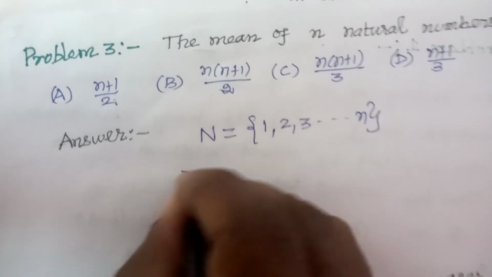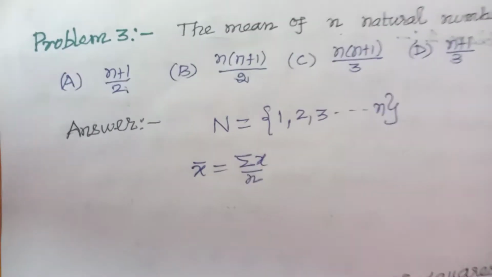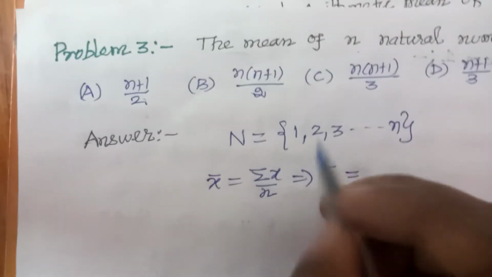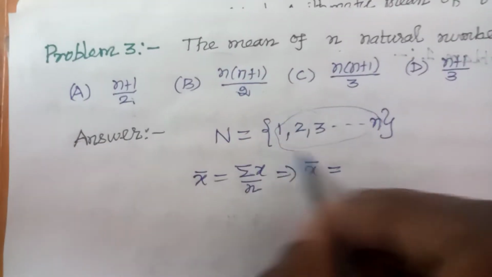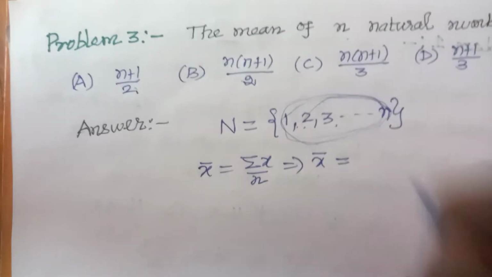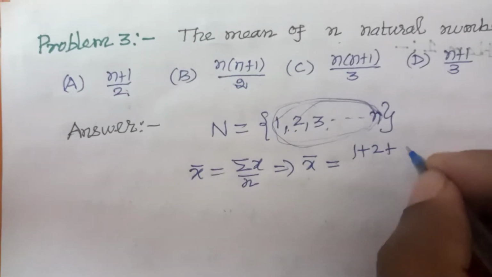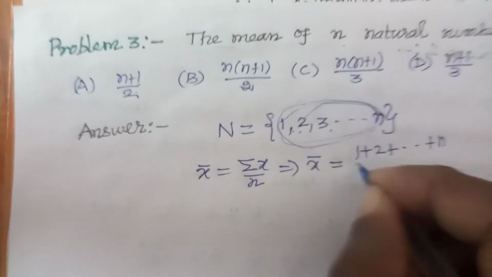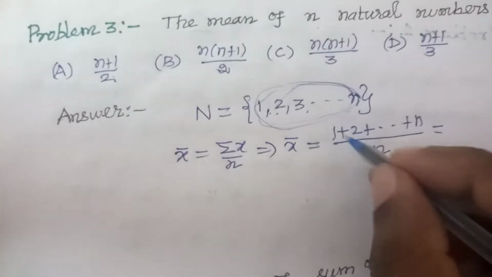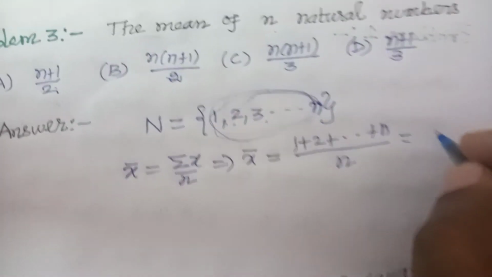Now what is the mean formula? X bar is equal to summation of x divided by the number of observations. Here the observations are natural numbers, so summation of x is 1 plus 2 plus etc. plus n, divided by the number of observations. Now the sum of n natural numbers, we know the formula very well, already studied in 10th standard.